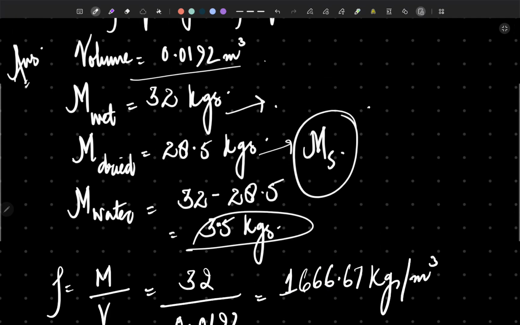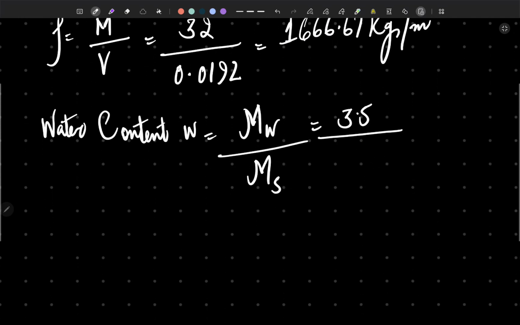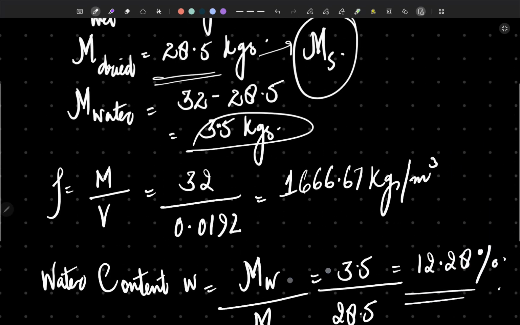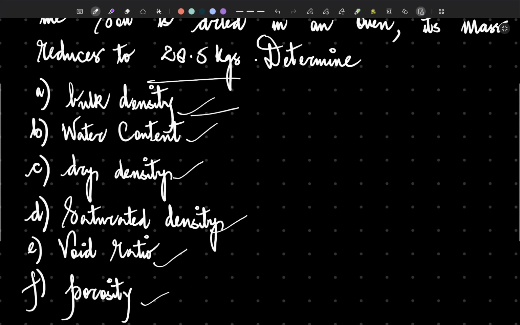Mass of soil solids, 28.5 kgs. By calculations, water content is 12.28%. All right, so part B is also completed. We calculated bulk density and water content. Then we have to calculate the dry density.